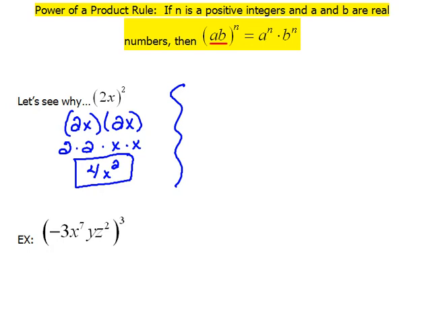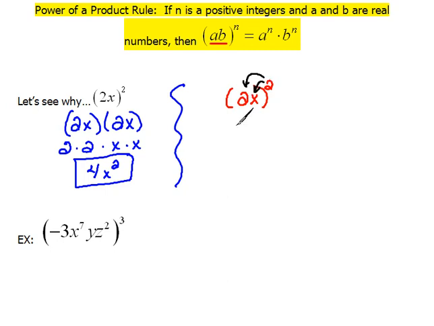Well, let's use the rule now and see what happens. If we have 2x being squared, this is a product. It's a multiplication in there, being raised to the second power. So it's almost like each one of those items gets the power. It's kind of like distributing the power among the factors.